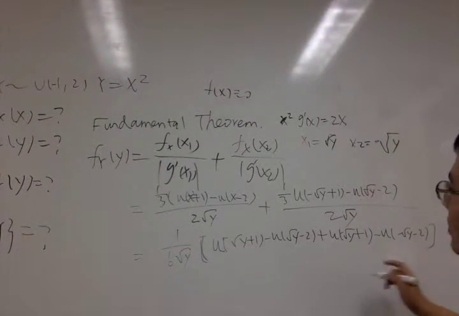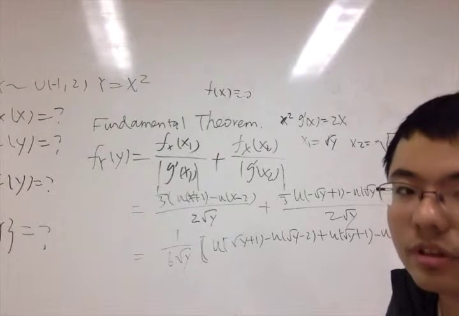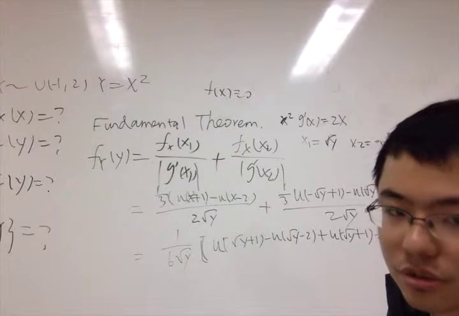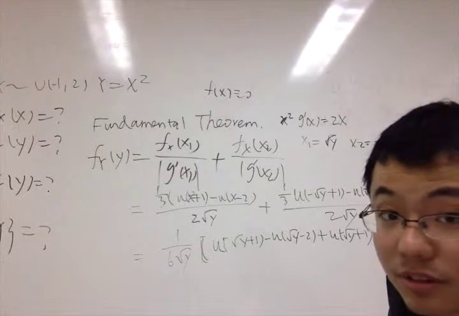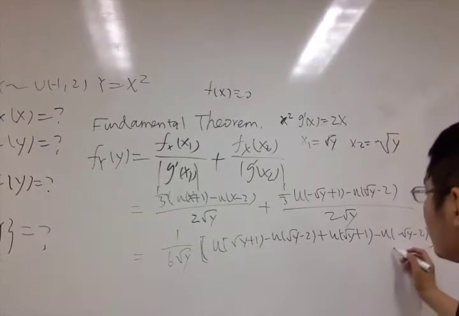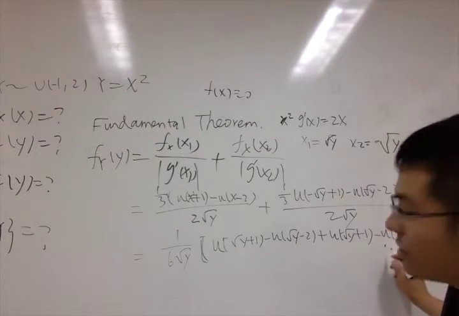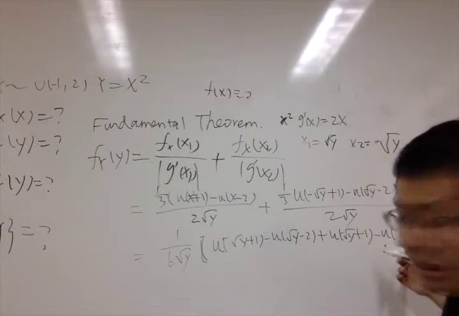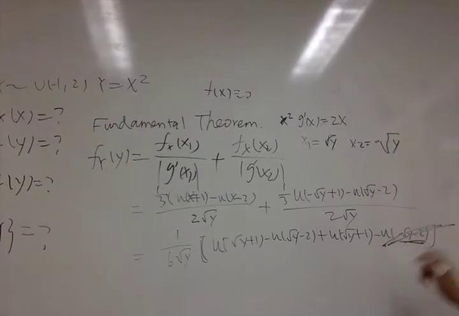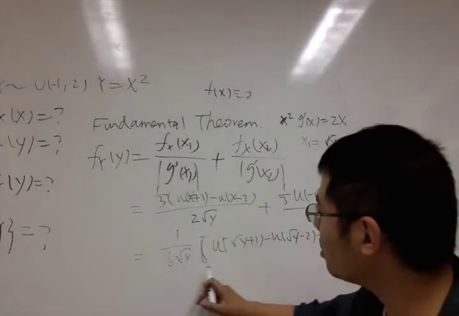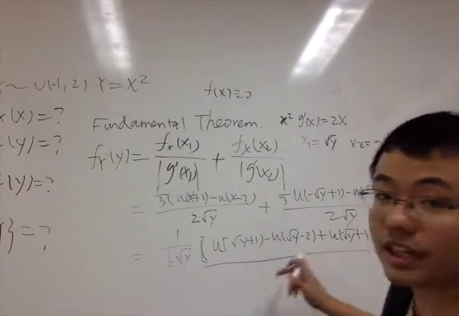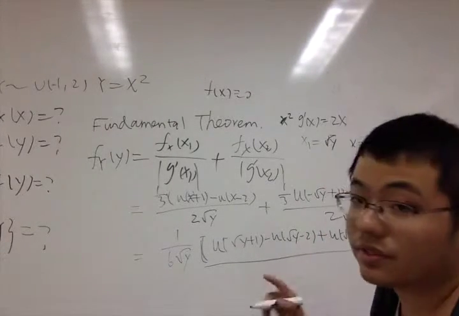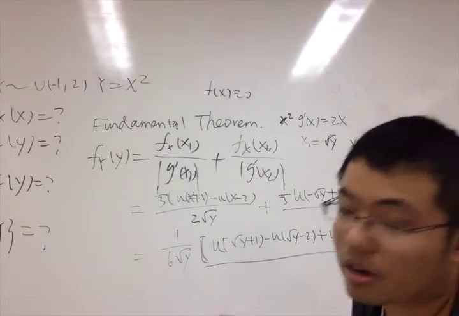Because the square root of y is always no smaller than 0, the last term will always be 0, because inside the step function there will be a negative value. So we just cancel that out. And for all these three values, we can divide y into 3 parts.